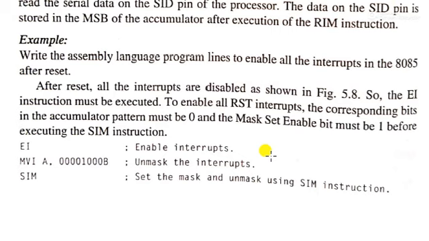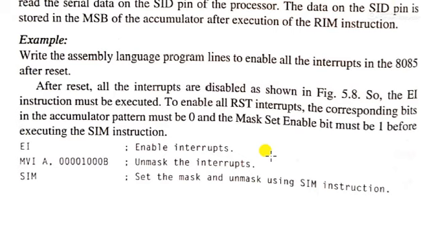You will write this program: write an assembly language program to check whether RST 7.5 is masked or unmasked. If it is not masked, then make it masked without affecting other interrupts.